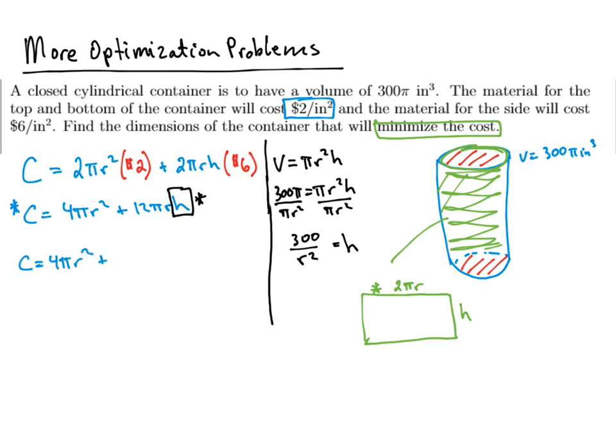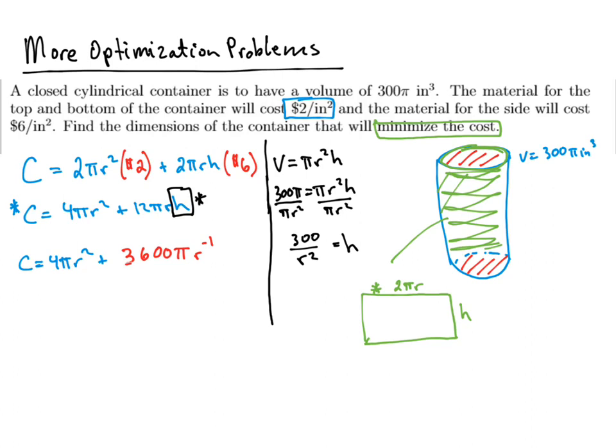So rewriting this, I'm going to have 12 pi r times 300 divided by r squared. And simplifying that, or multiplying it out, we're going to get 3600 pi divided by r. And I'm going to rewrite that as r to the negative 1. Since we're going to be taking the derivative, it'll be easier if we write this with an exponent.